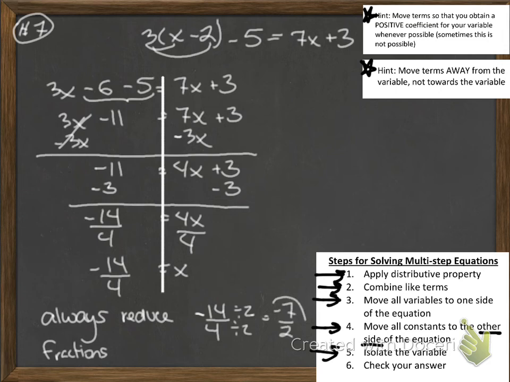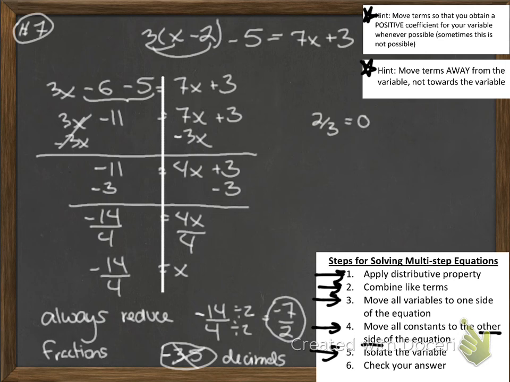to negative 7/2. Now you might be thinking, hey, I could put this in my calculator and that would give me negative 3.5. And that's absolutely true. However, we stay away from decimals for the simple reason that sometimes, for example, if I had the fraction 2/3, I can't represent that exactly as a decimal.